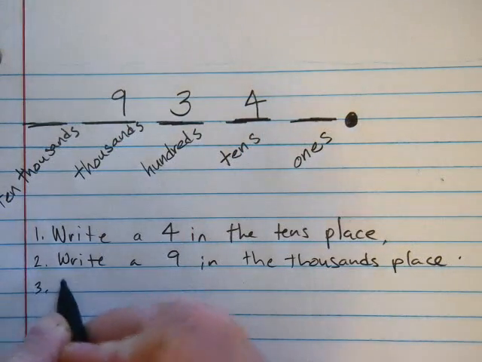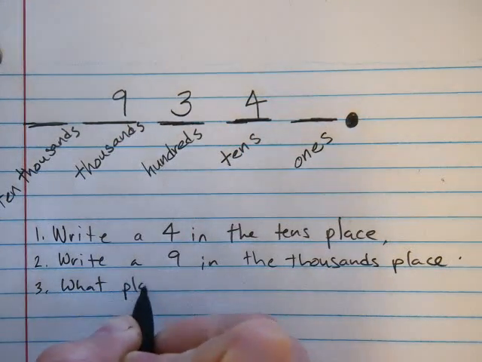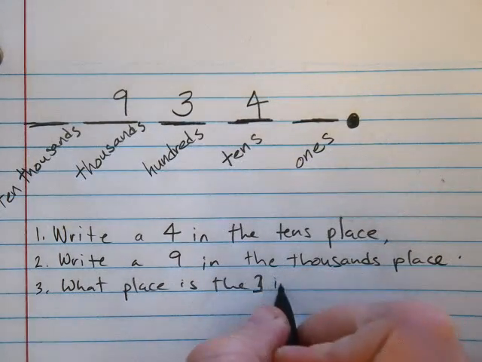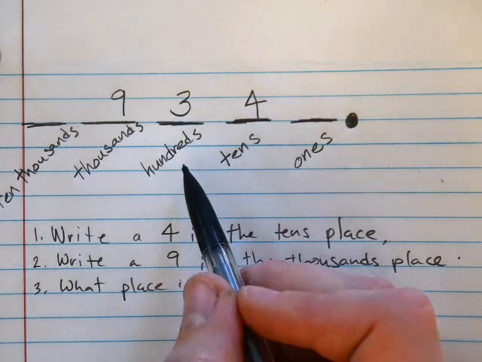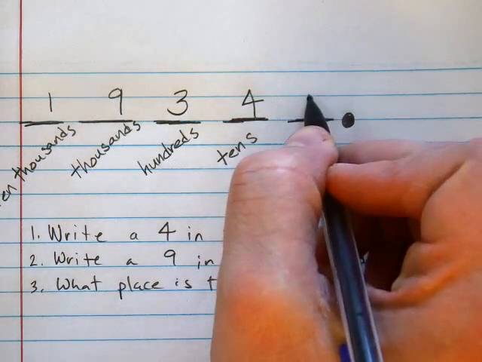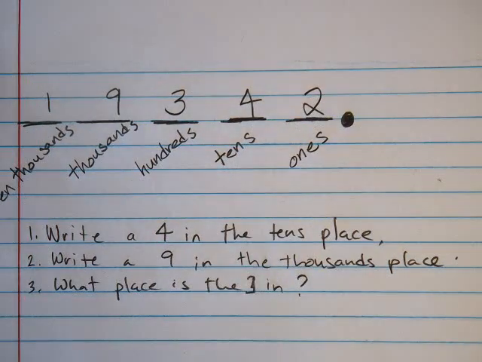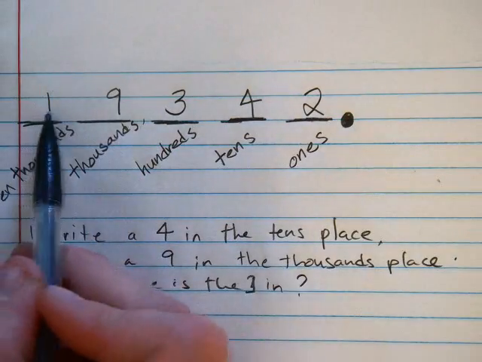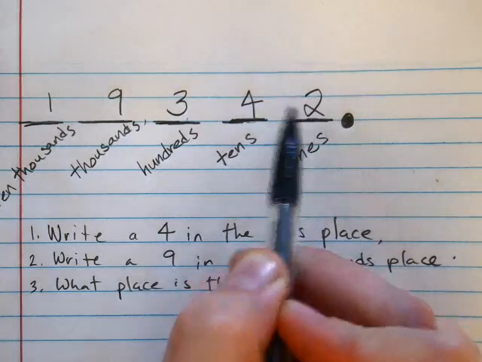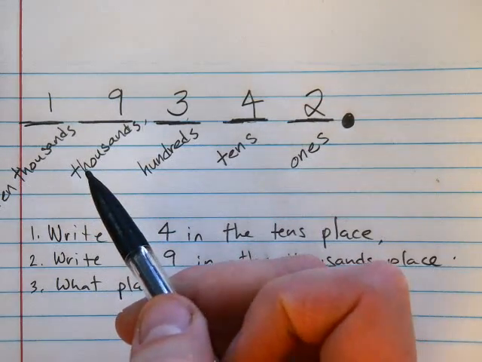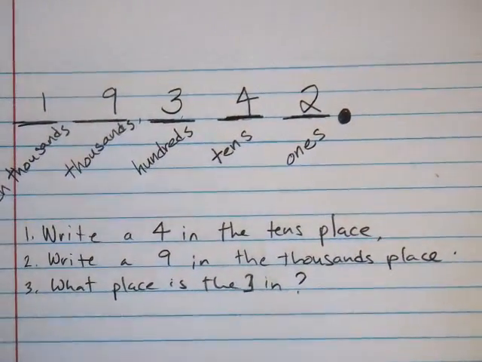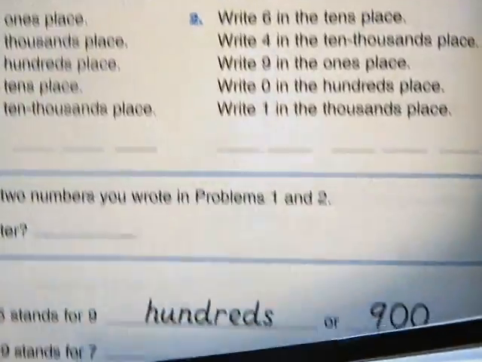The question might be, what place is the 3 in? Well, it's in the hundreds place. If I fill this in, and we'll say 2 at the end, you can see that this reads 19,342. So each place has a way that you read it. I think a lot of you are familiar with that, but this is a little bit of review. Hopefully it will refresh your memories.